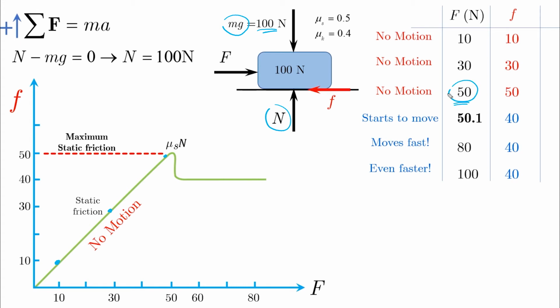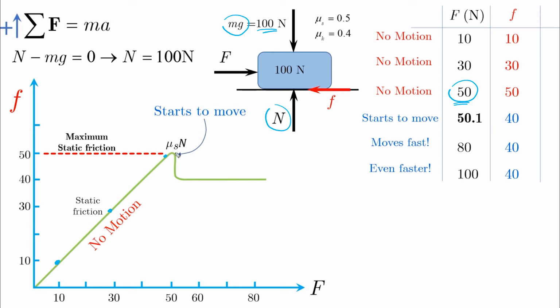So what happened when we increased the force to 50.1? Now 50.1 is larger than the maximum static friction, which is 50. And this means that the block will start to move.